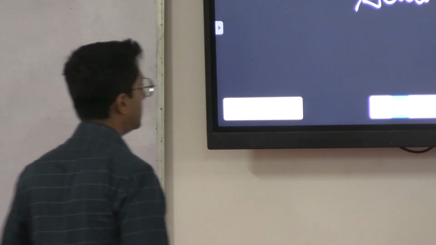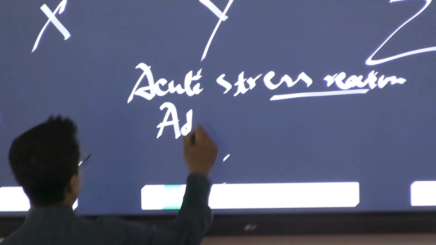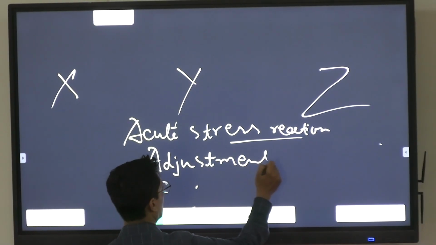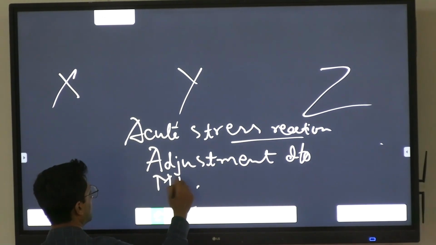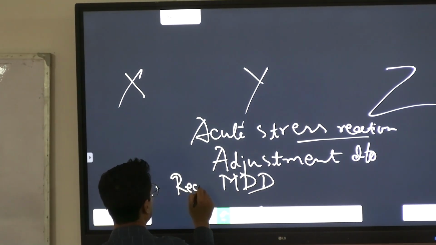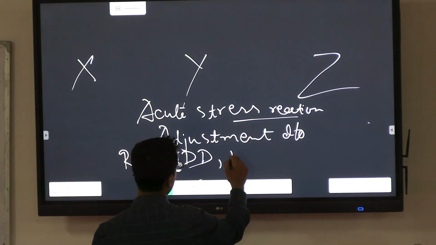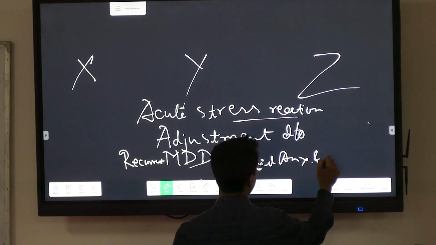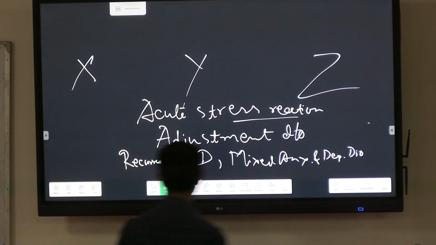But then comes the later part. For example, they may gradually develop adjustment disorder, major depressive disorder, or recurrent major depressive disorder, mixed anxiety and depressive disorder.